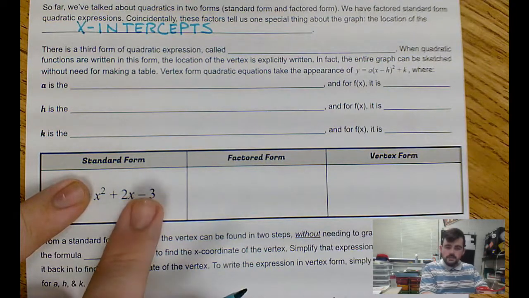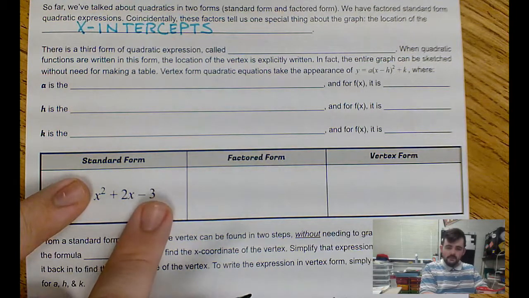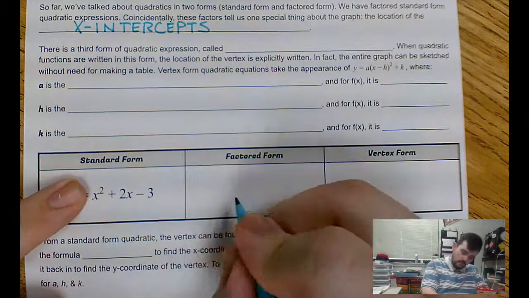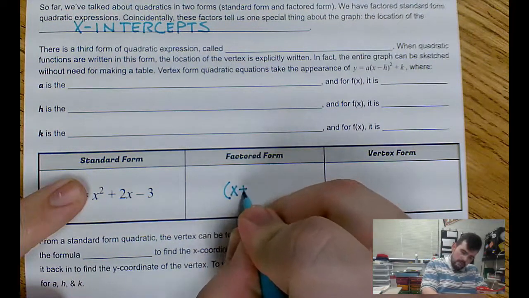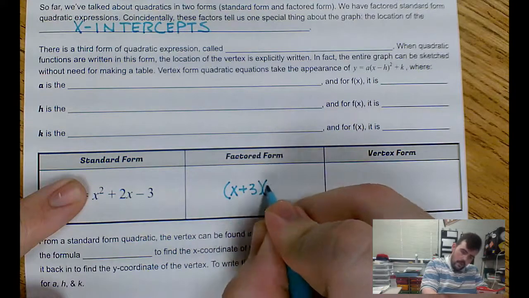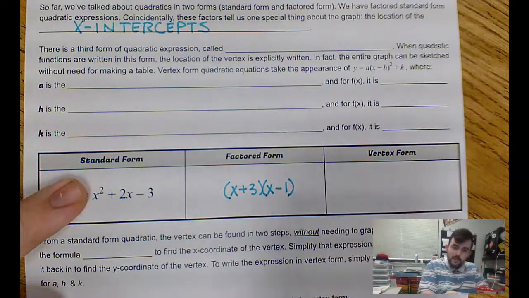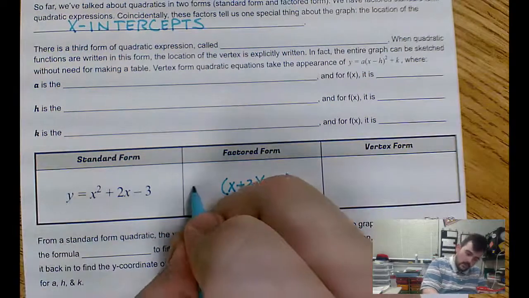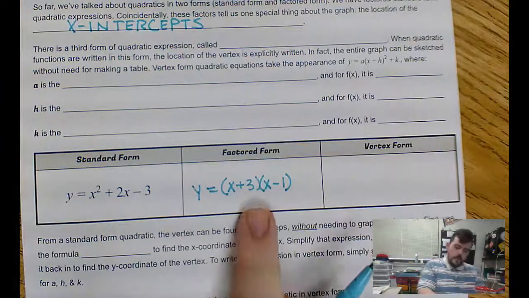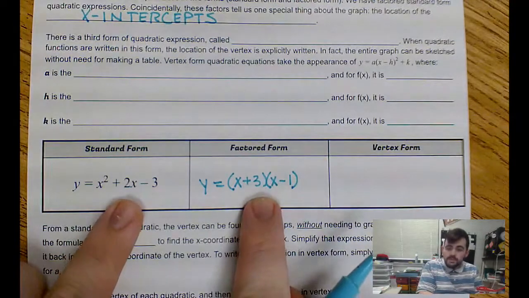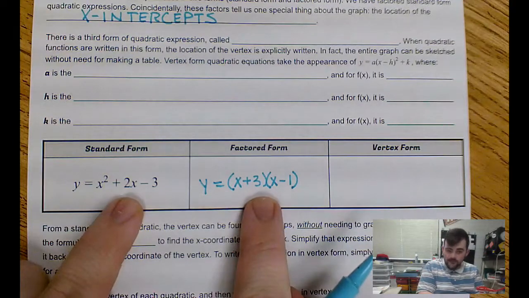Factoring this, we're just looking for things that multiply to -3 but also add to +2. The answers are 3 and -1. So (x plus 3)(x minus 1). And then, for it to be a function, you would just say y equals. Notice that these two things don't look the same, but they do represent the exact same quadratic graph.